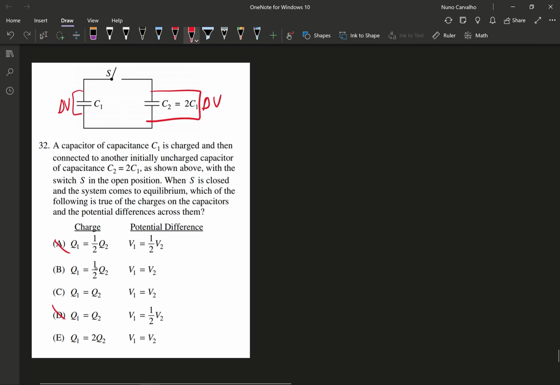Well, we can think about the capacitance, which relates the charge with the voltage. For C1, we have this charge right here, and let's just call this Q1. For C2, which is really just 2 times C1, we have this charge right here, and this Q2 we want to figure out.